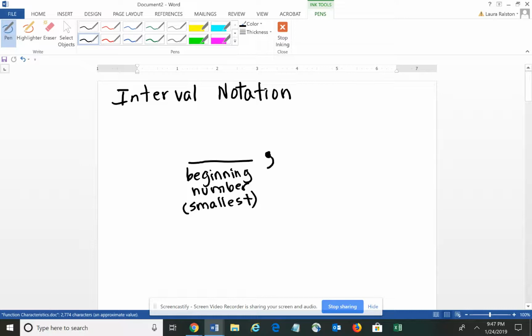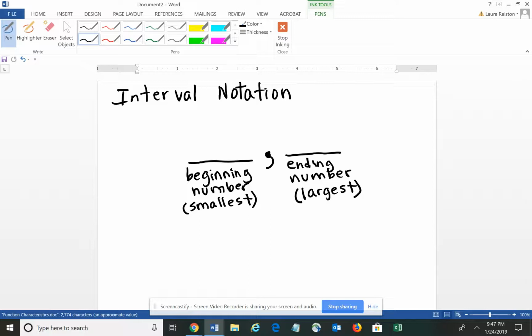We then put a comma, and then you have an ending number to show what number you're going to stop at or on, and that is typically going to be the largest, because you always want to list it smallest to largest. If you're looking at a number line, you would read it left to right, just like we read anything.